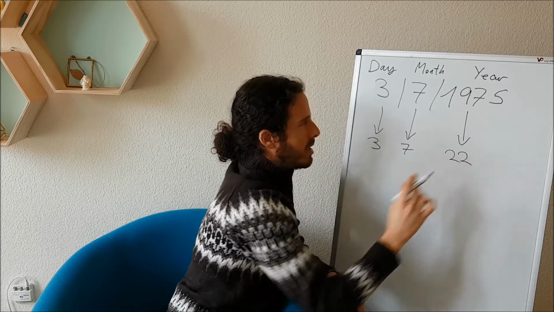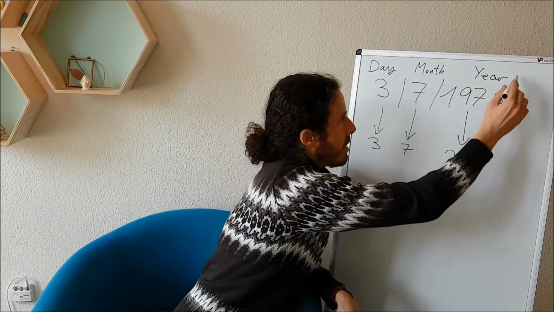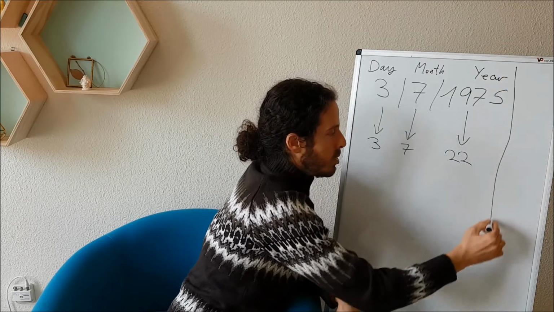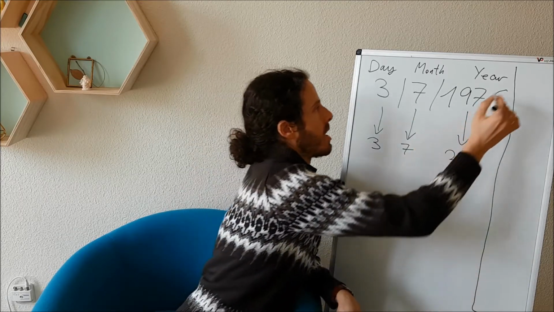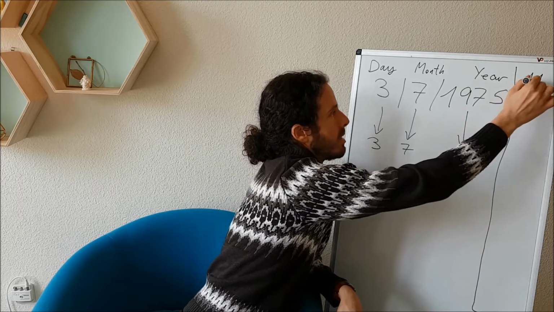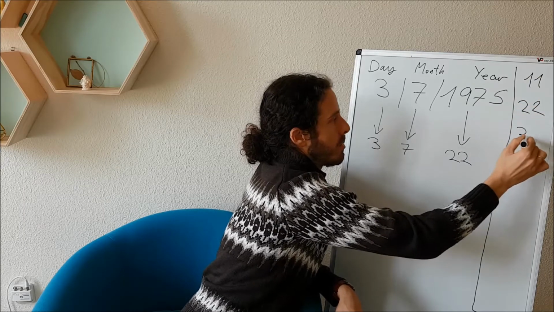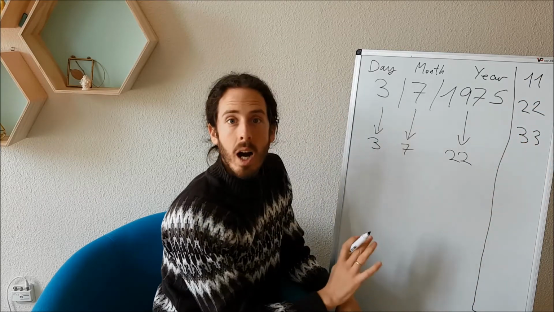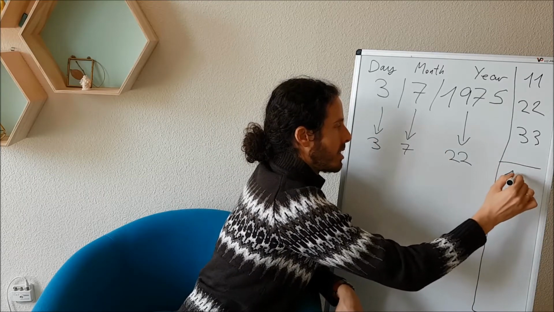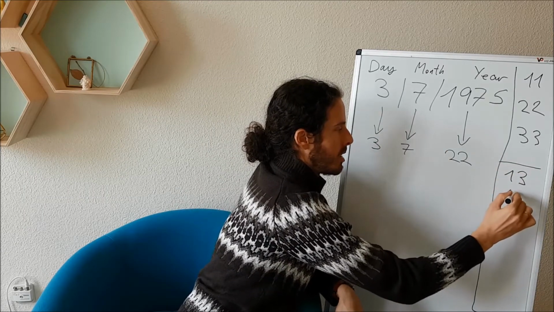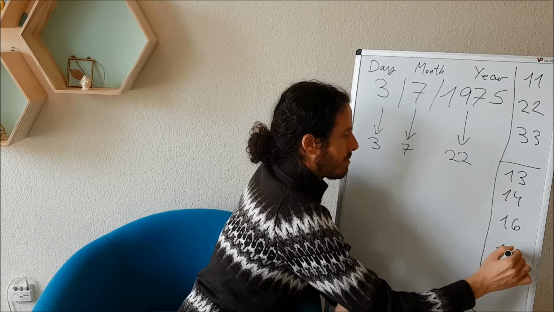Now, here's a little catch. There are a few numbers that we do not reduce, and these are master numbers, and they are 11, 22, and 33, or karmic depth numbers, which are 13, 14, 16, and 19.